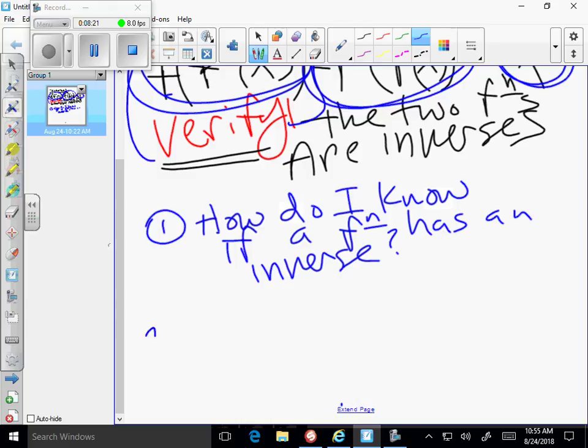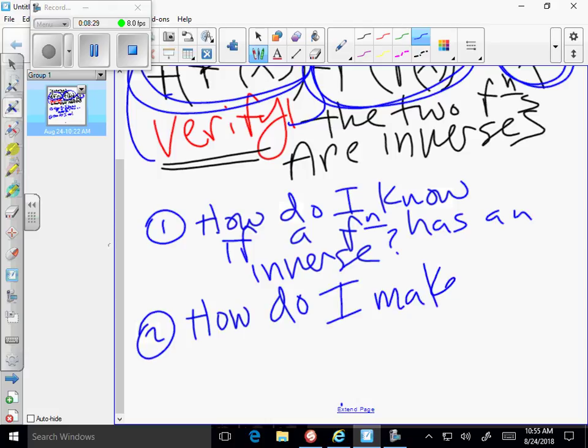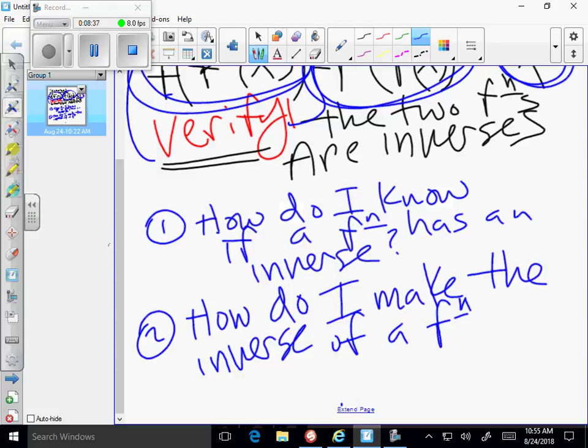The second part of the conversation will probably be the easiest part: how do I make the inverse of a function?